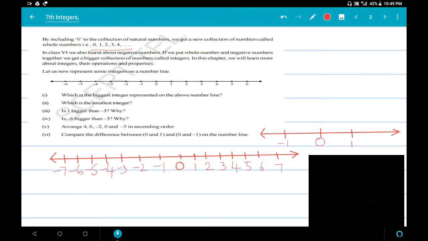Okay, arrange 4, where is 4? Here 4. 6, where is 6? Here 6. Minus 2, where is minus 2? Here minus 2. 0, where is 0? Here 0. Minus 5, where is minus 5? Here minus 5. So ascending order.